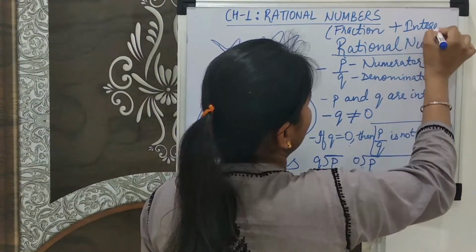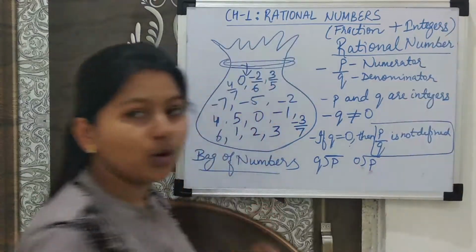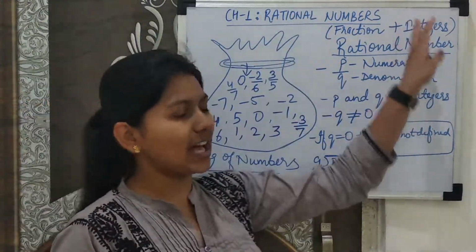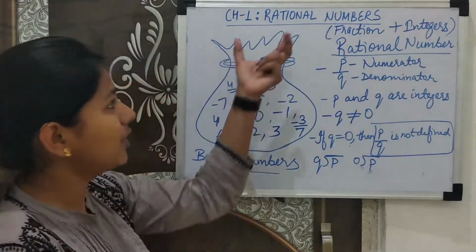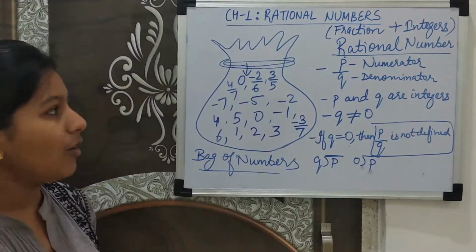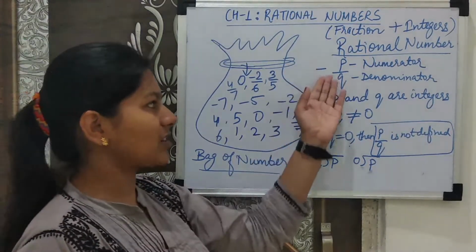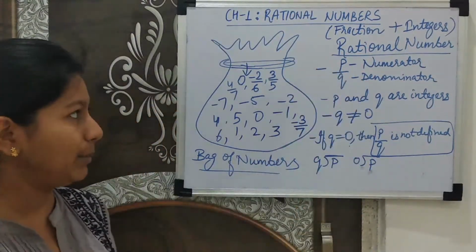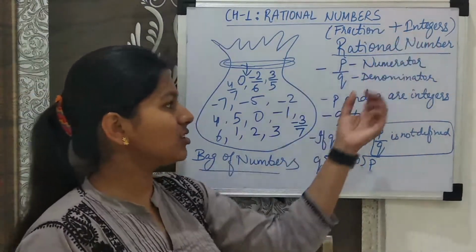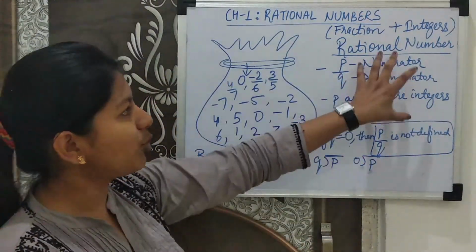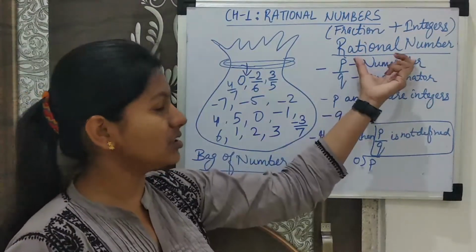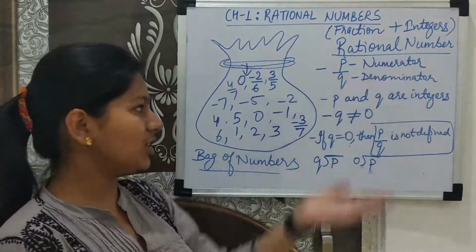If I add both the concepts of fractions as well as integers, then I have a collection of rational numbers. Why am I saying fractions? Because fractions are also in the form of p by q. Why am I saying integers? Because p and q are integers. So the combination of both fractions and integers together forms rational numbers.